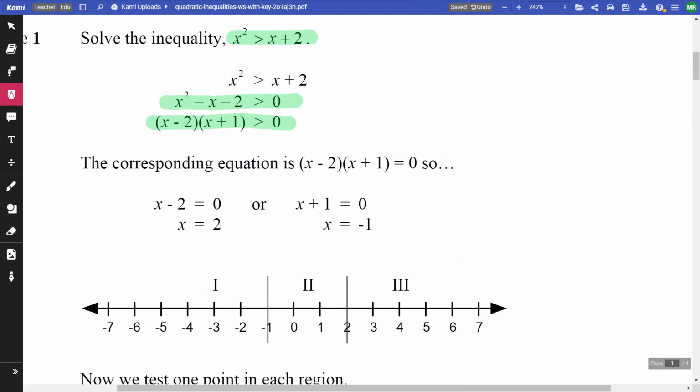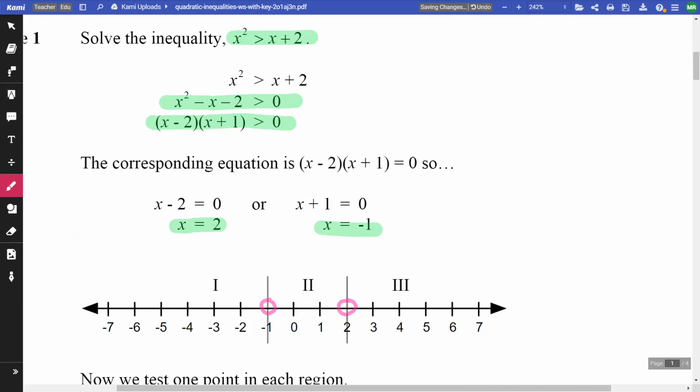Since that gave us a 2 and a -1, this is what's going to separate this into 3 sections, section 1, section 2, section 3. Now, since this is strictly greater than, you're going to have an open circle at -1 and an open circle at 2.